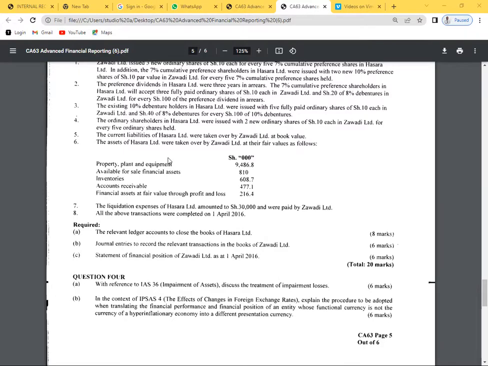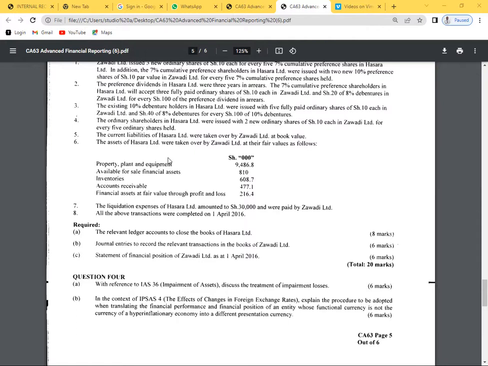So inventory, how much? We have 608.7. And then we have accounts receivable, 477.1.